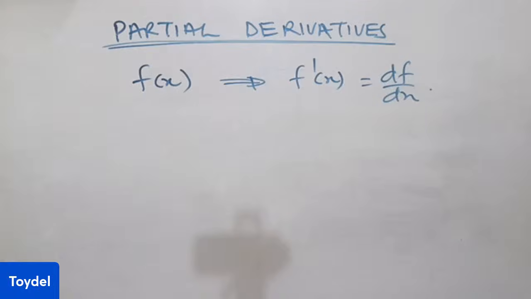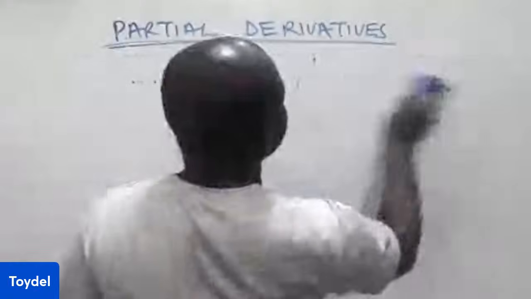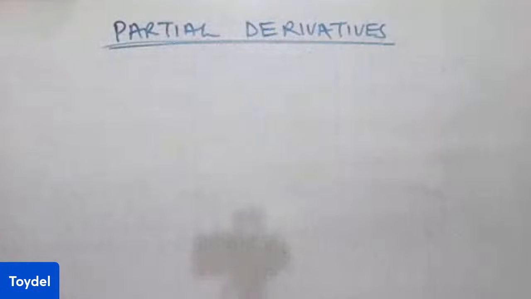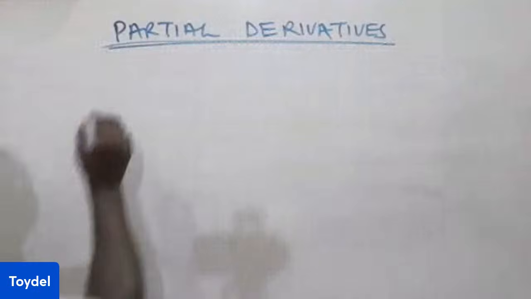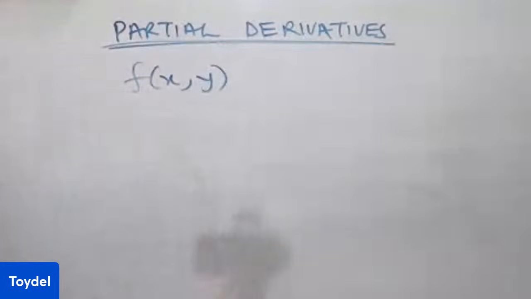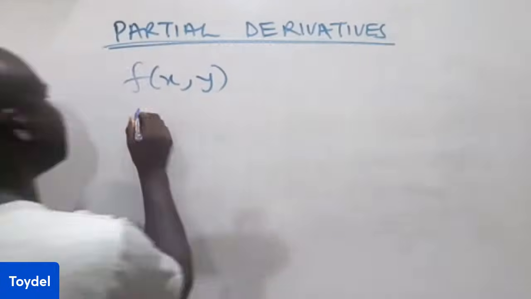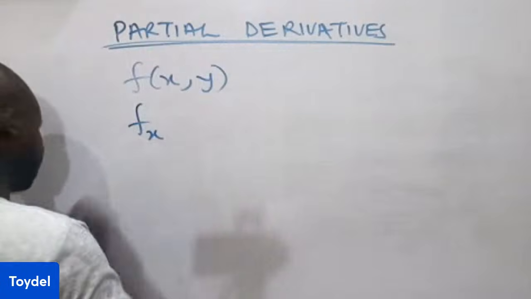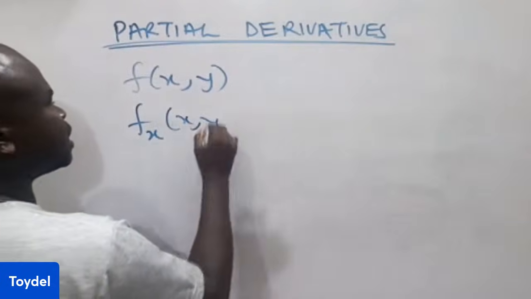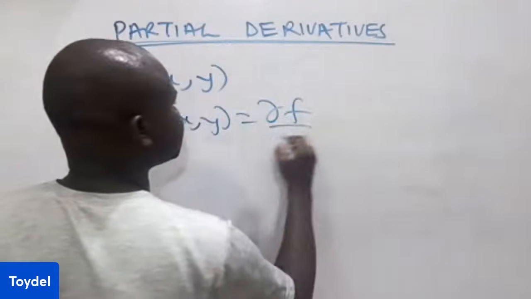For instance, if you have two variables, x and y, say f of x comma y, how do we find the partial derivative? If you are differentiating f with respect to x, this will be the partial f over partial x.